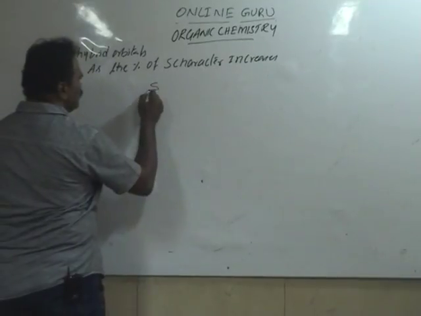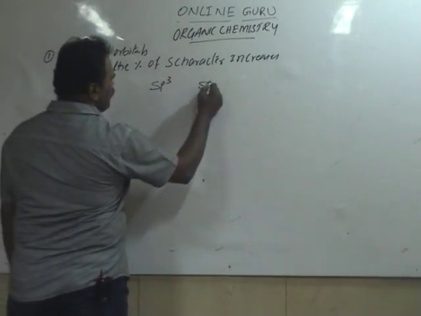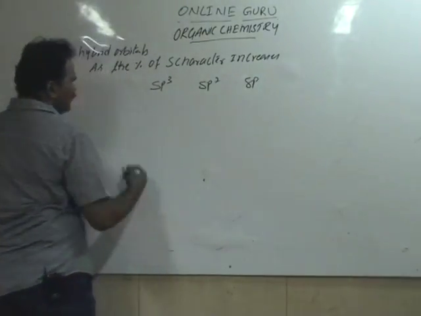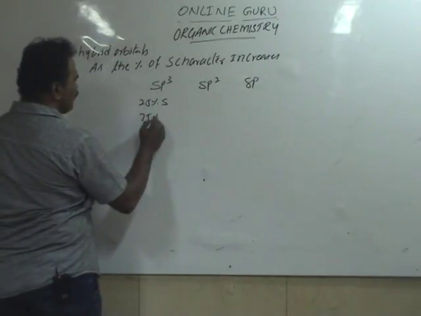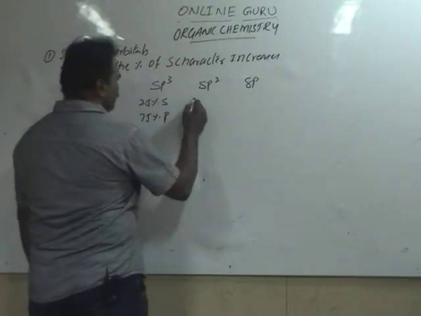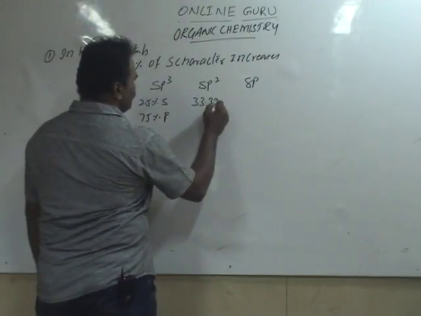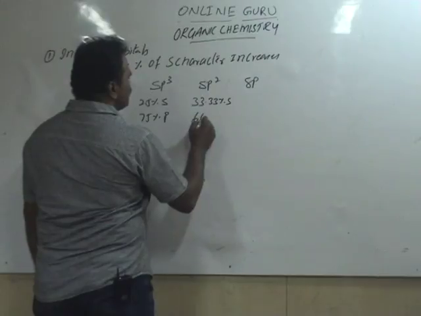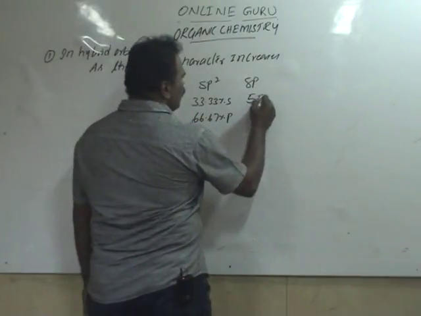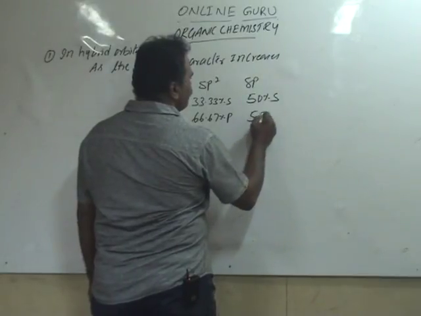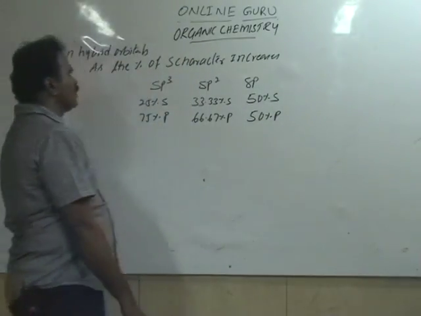For example, sp3, sp2, sp. sp3 means 25% s character, 75% p character. sp2 has 33.33% s character, 66.67% p character. sp means 50% s character and 50% p character.